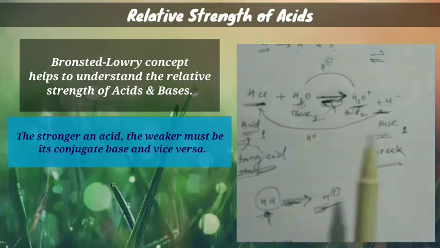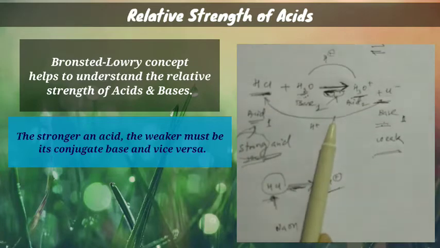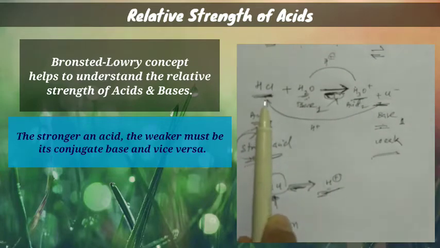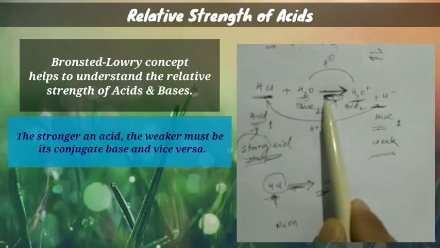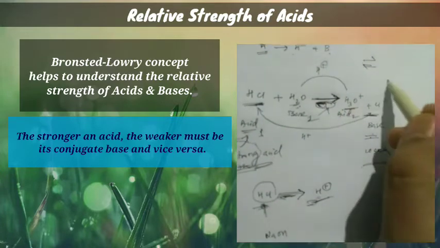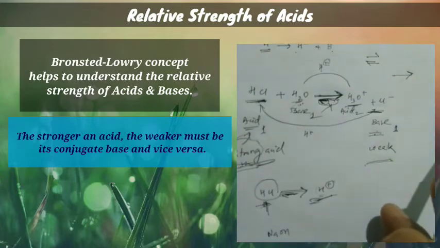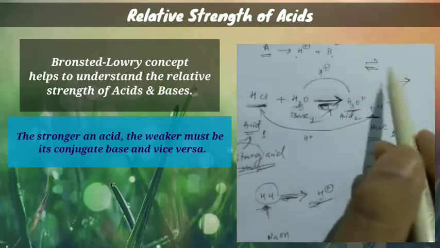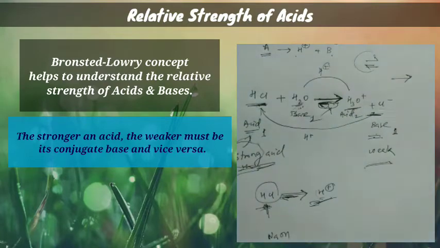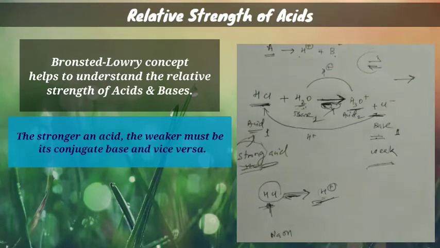Always remember, if the electrolyte or the acid or base is a strong one, then we have to write only this one-directional arrow, not the reversible arrow. So this is the main point.